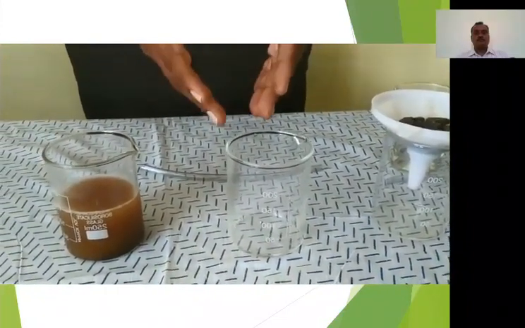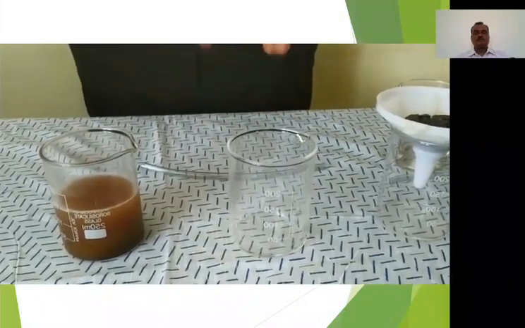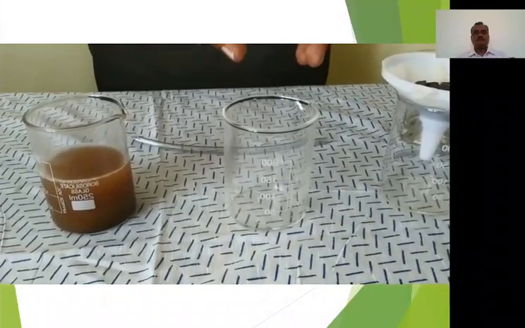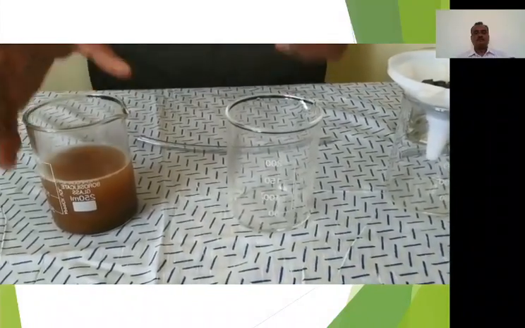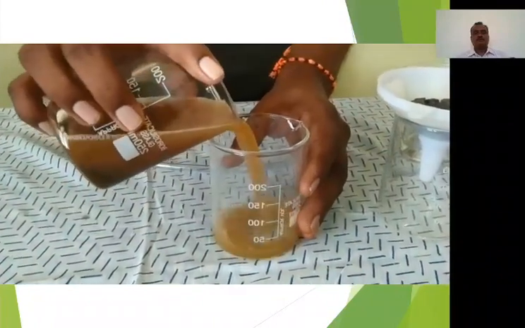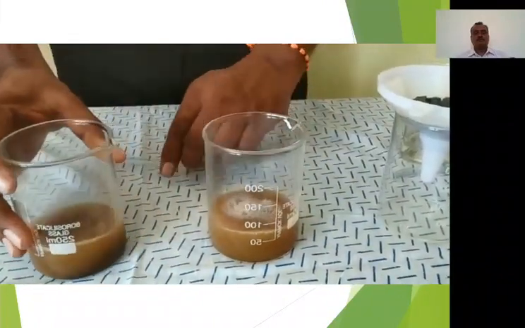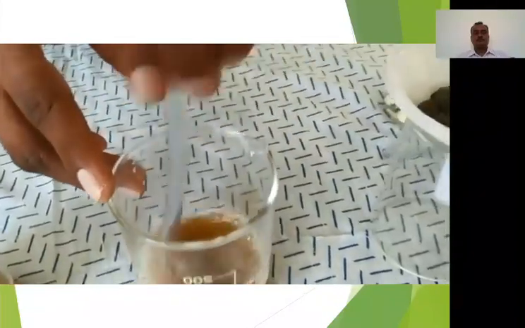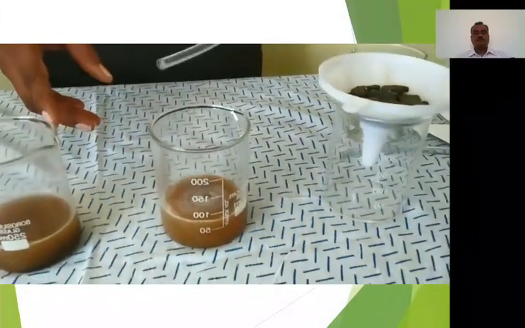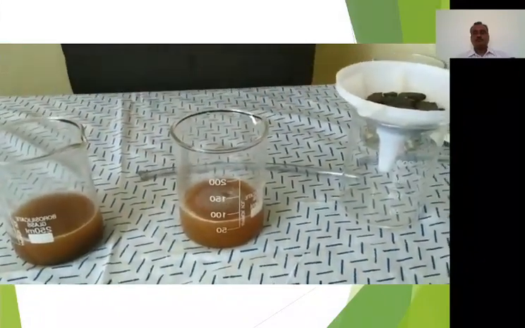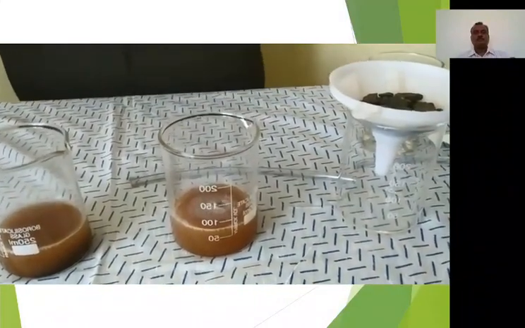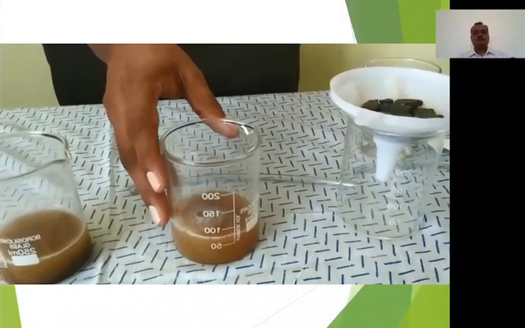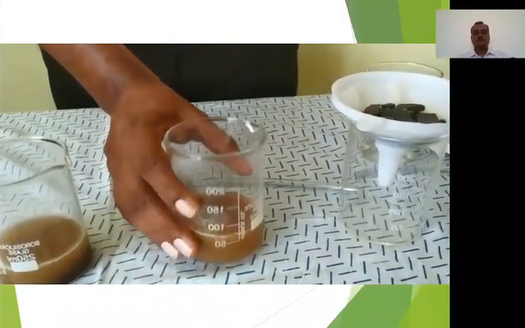You can use an aerator from an aquarium to bubble air through the sample, or you can use a mechanical stirrer as I have used here. Stir the solution thoroughly. Now, pour some of this aerated sample into another test tube and label it as sample 2, that is after aeration. Test tube 2.